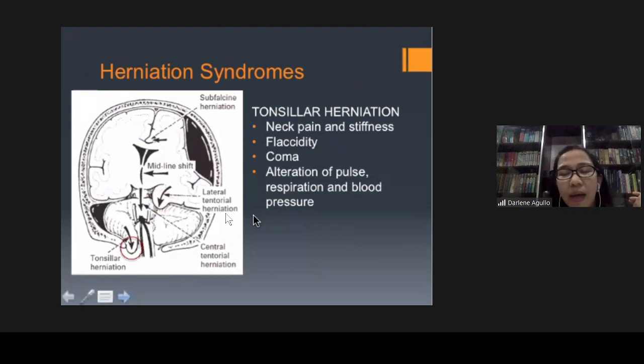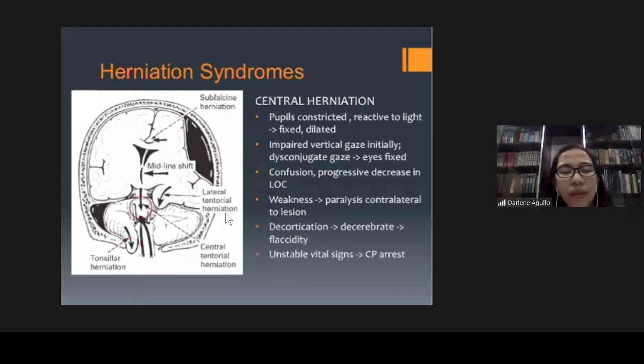So there's neck pain and stiffness, also flaccidity. Emergency din ito ha, kasi pag naipit din yung iyong ARAS, your patient will go into coma. And also, you will see changes in vital signs, no? Pulse, respiration, BP.